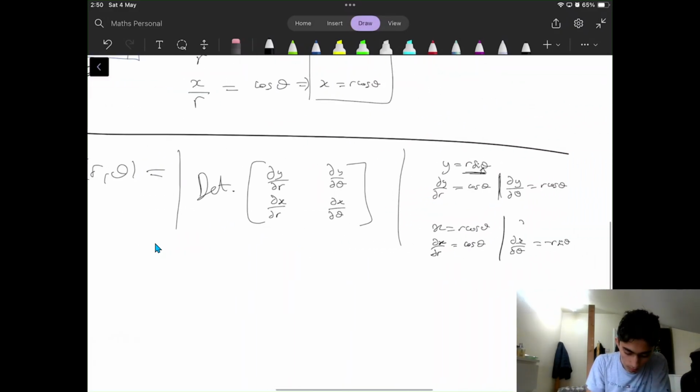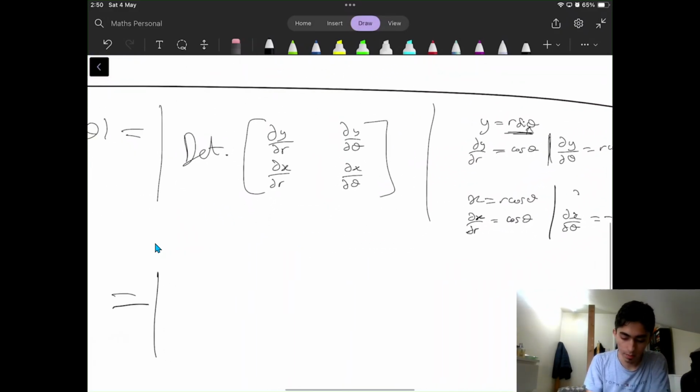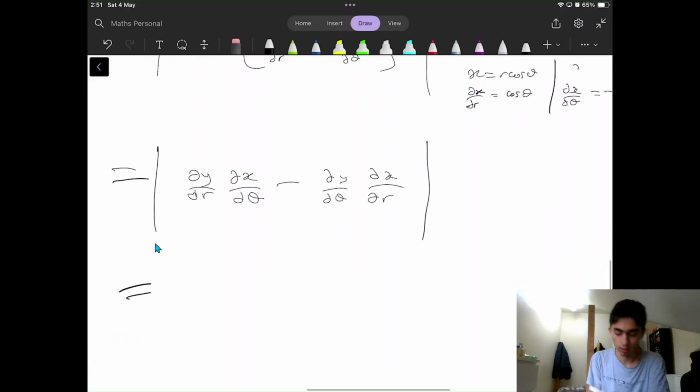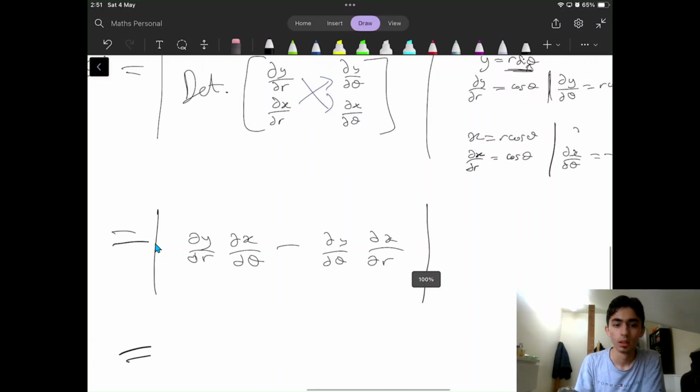And so the determinant of a matrix is basically the difference of the products of the diagonals, right? So the determinant is just partial y over partial r, partial x over partial theta, minus partial y over partial theta, partial x over partial r, with a modulus surrounding everything, right?